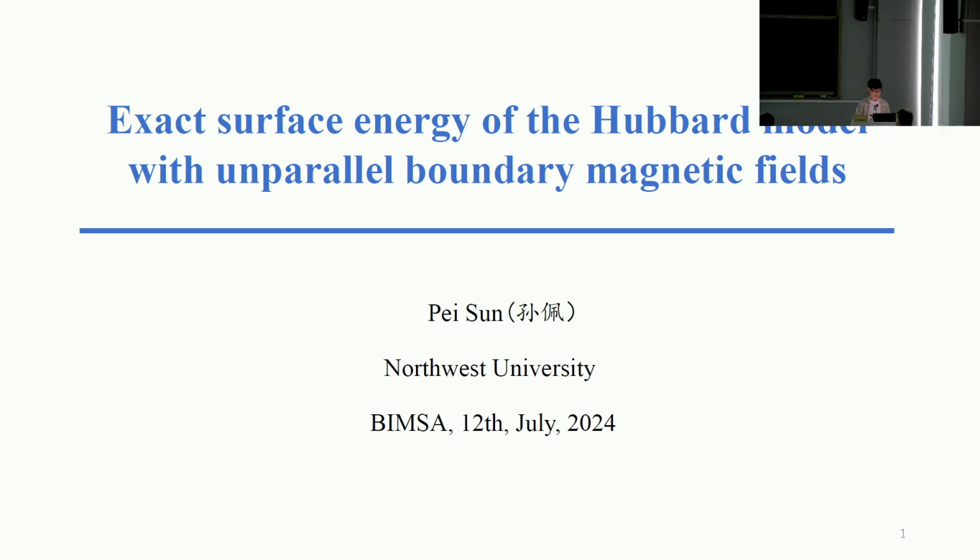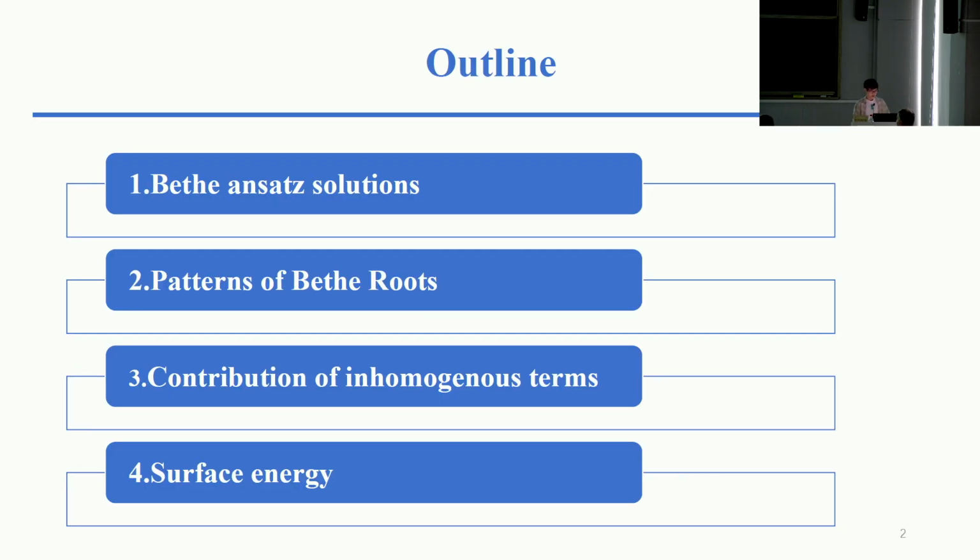My topic is about the exact surface energy of the Hubbard model with unparalleled boundary magnetic fields. My talk will have 4 parts. The first part is about the Bethe solutions, because this topic is based on the exact solution by using the off-diagonal Bethe method.